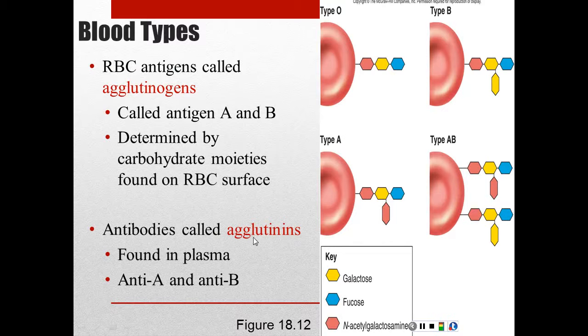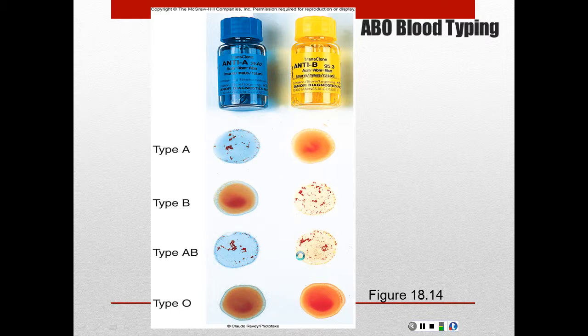And then we have the antibodies. Those are called agglutinins, and they're found in the plasma, and they're anti-A and anti-B. It's just a diagram. I'm not going to go into too much detail with this one, so don't worry about this slide.